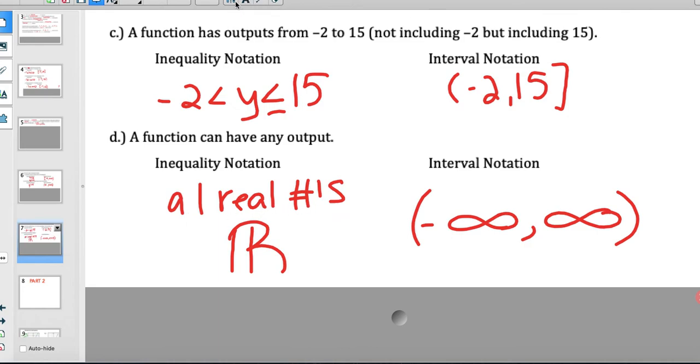There's also a symbol for all real numbers, and it's a double-sided R. If you draw 2 bars and then draw a cursive R over it, that symbol replaces these 3 words, all real numbers. So you can use either the phrase or the symbol itself. And then for interval notation, we have soft brackets on both sides, going from -infinity all the way to infinity.